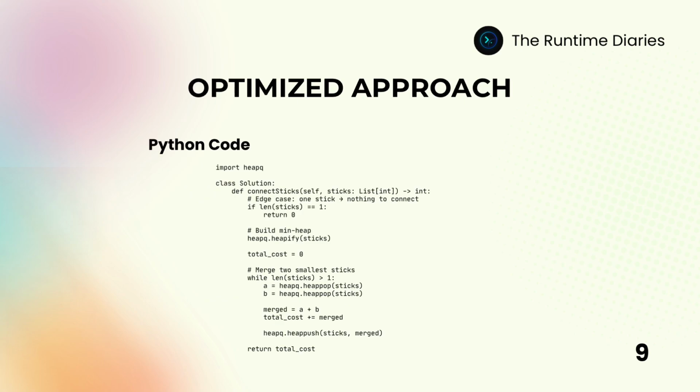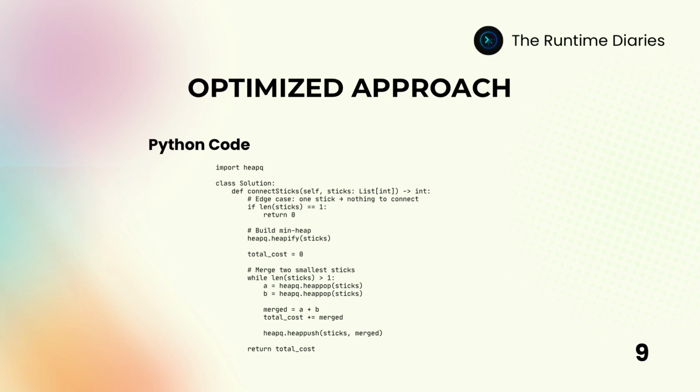Here's the clean Python implementation. We handle the edge case where there's only one stick, which means there's nothing to connect, so we return 0. We use heapq.heapify to turn the list into a min heap. We initialize total_cost to 0. Then, we enter a loop that runs while there's more than one stick.